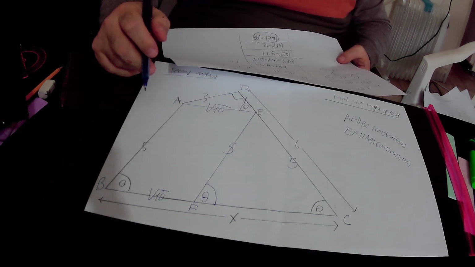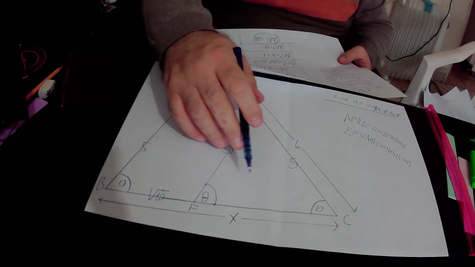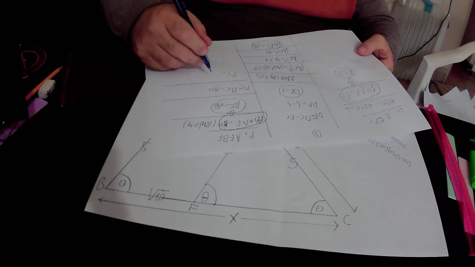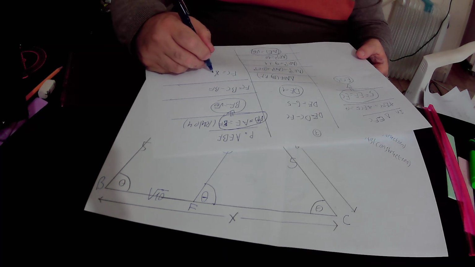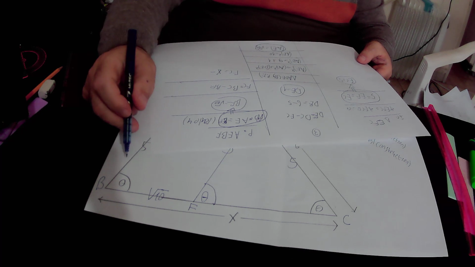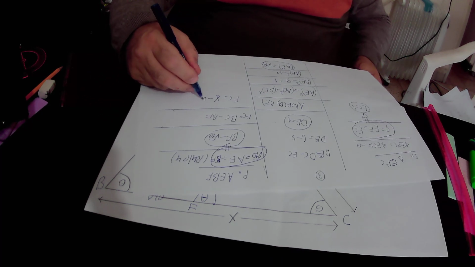According to what is given in the question, BC is defined as X. We have already found out that BF equals the square root of 10.